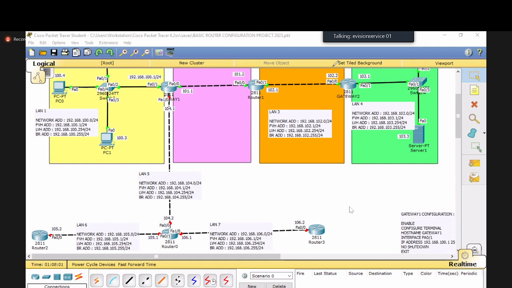Who has logged in with the system? Aditya. Akanksha. No, sir, I have not logged in. Who has logged in? Dinesh, Gautam.